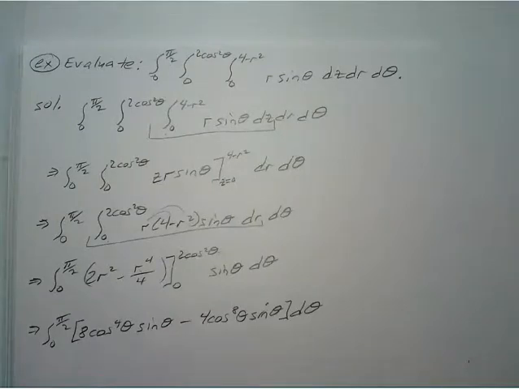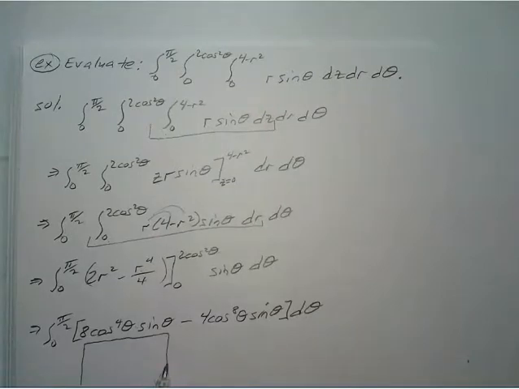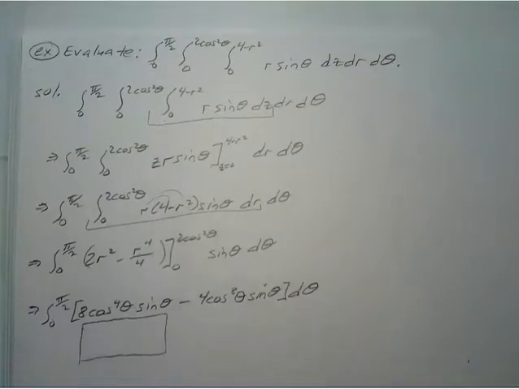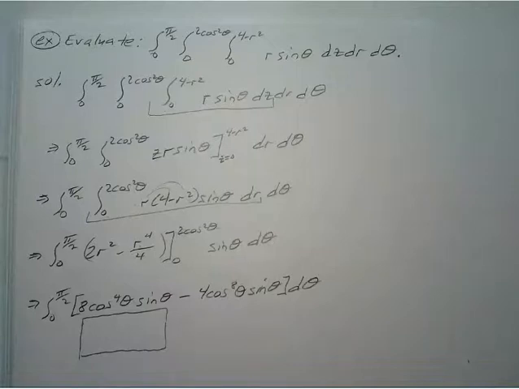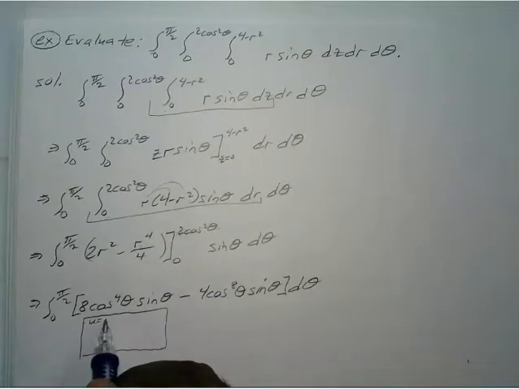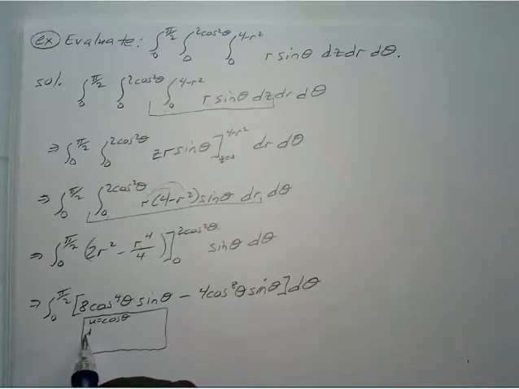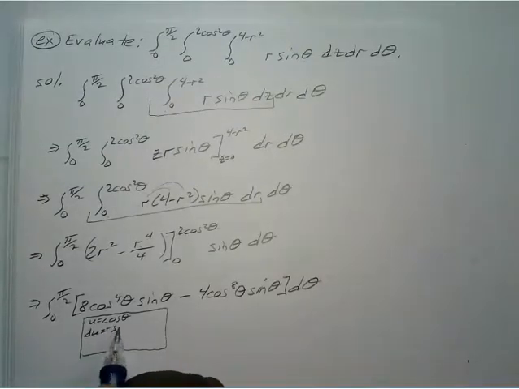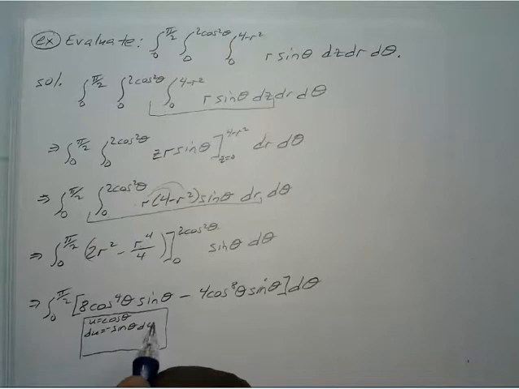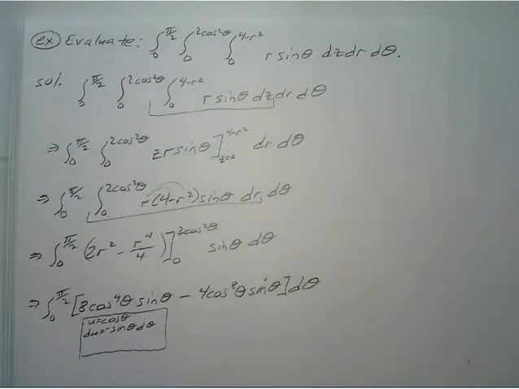All right. So now we go ahead and integrate these both with respect to theta. We're going to work these two separate. Okay, so if u equals cosine theta, du equals negative sine of theta d theta.